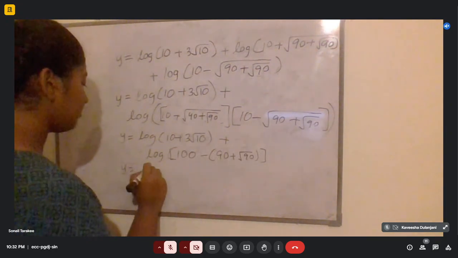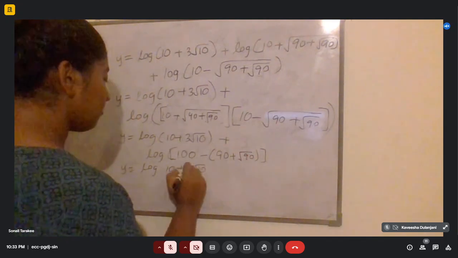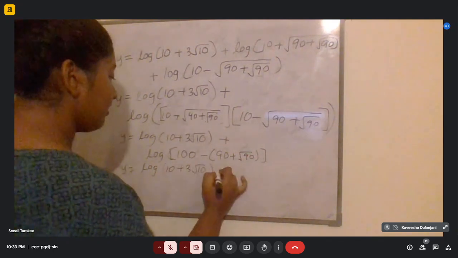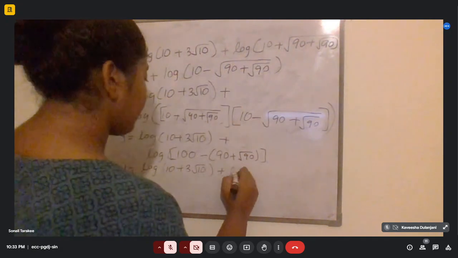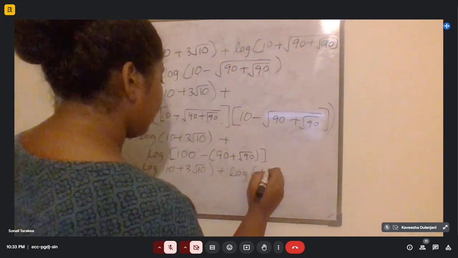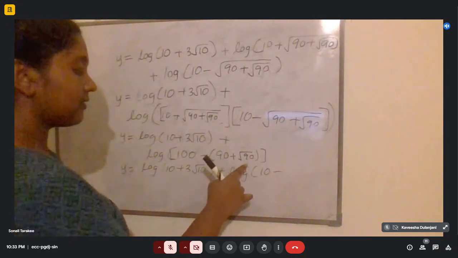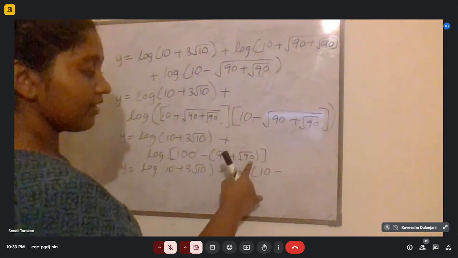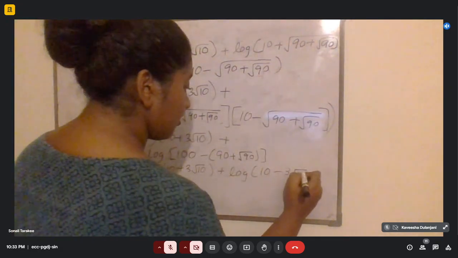Once you solve this one, you get log 10 plus 3 root 10 plus 100 minus 90, meaning 10 minus root 90, which is 9 into 10. When you take 9 out of the square root, you get 3 root 10.